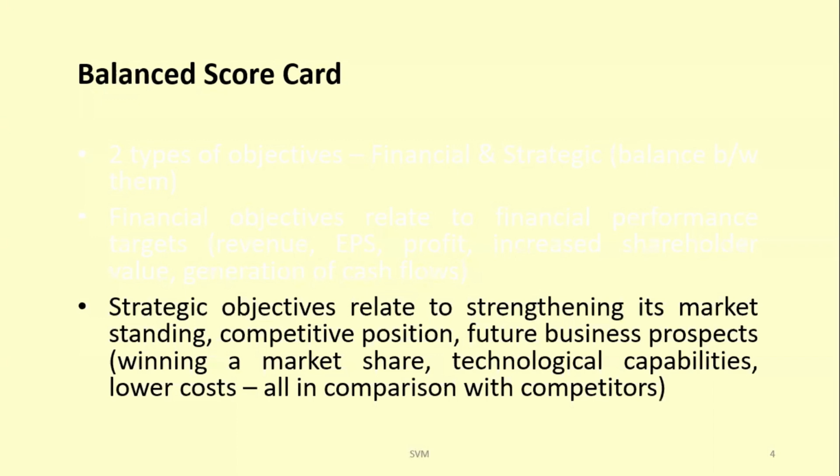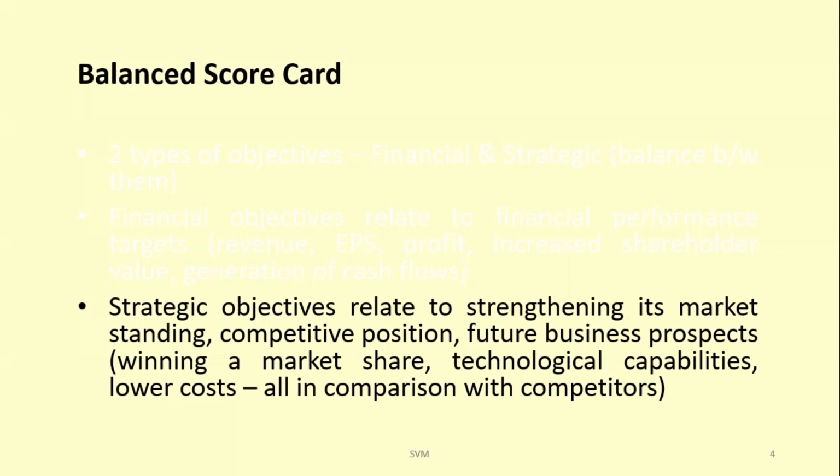Strategic objectives may be related to strengthening your market standing, competitive position, and future business prospects, like winning market share, technological capabilities, lower costs, all in comparison with competitors. So it can be anything related to this. For example, I may keep market share as my measure, for which I will say increase the market share by 2% in the target market segment.